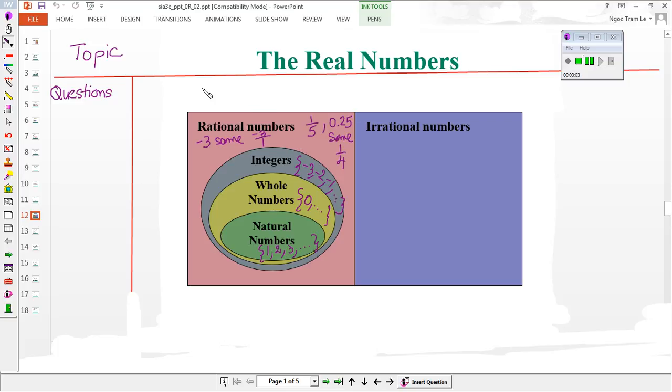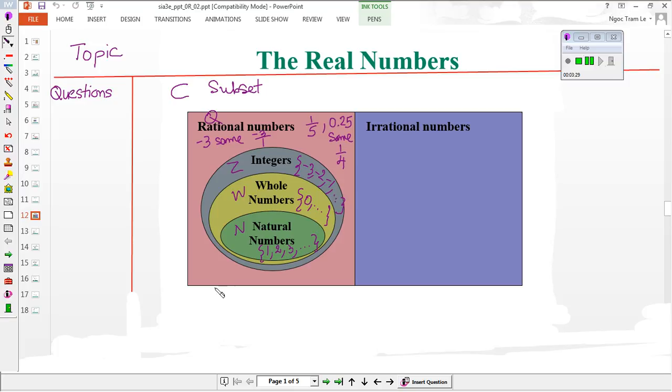So we use this notation for subset. I'm going to use N for natural numbers, W for whole numbers, Z for integers, and Q for rational numbers.